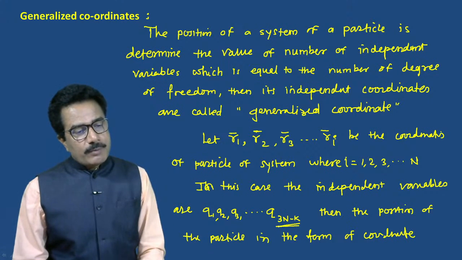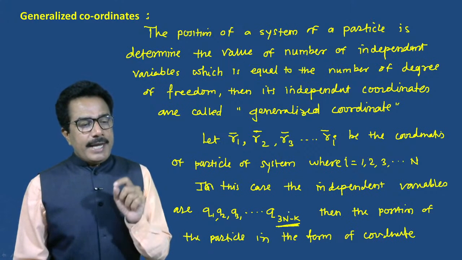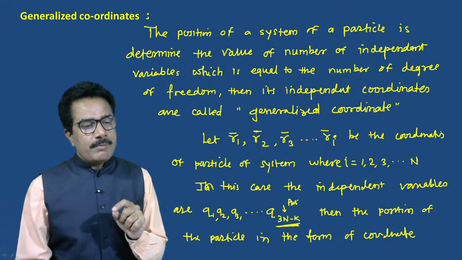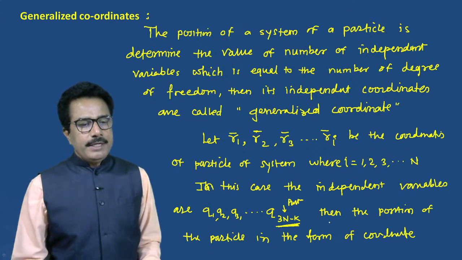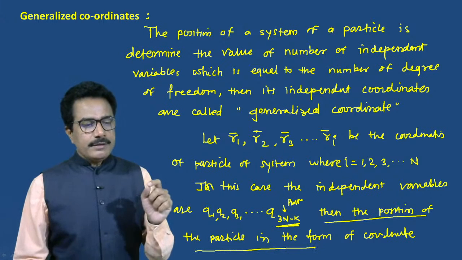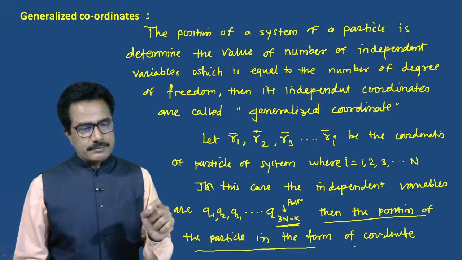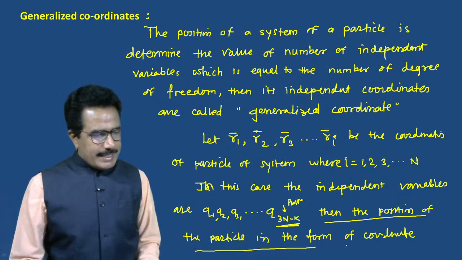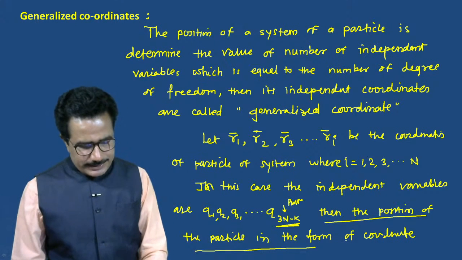This is the formula for the degree of freedom, and in that, n means the number of particles. Then the position of a particle in the form of variables we can write in such a way.